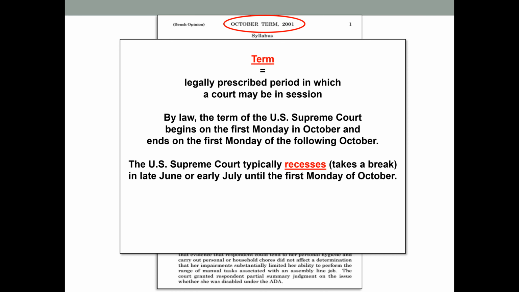Now, the US Supreme Court, though, typically in the last 3 months or so of that term will recess, that is, take a break, which is one reason why there's a flurry of opinions coming out of the US Supreme Court in late June or early July. And typically, the court saves the most anticipated opinions for that last moment, and then the court recesses until the new term begins in the first Monday of October.